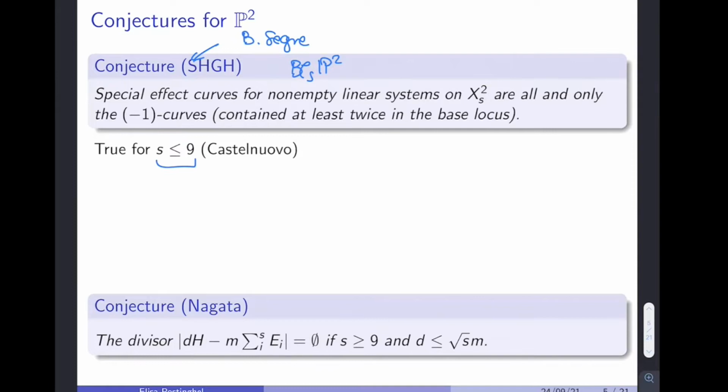And why 9? Well, for sure, up to 8 points, there are finitely many -1 curves. And if I blow up P2 at up to 8 points, I get a del Pezzo surface. I have a Fano surface.